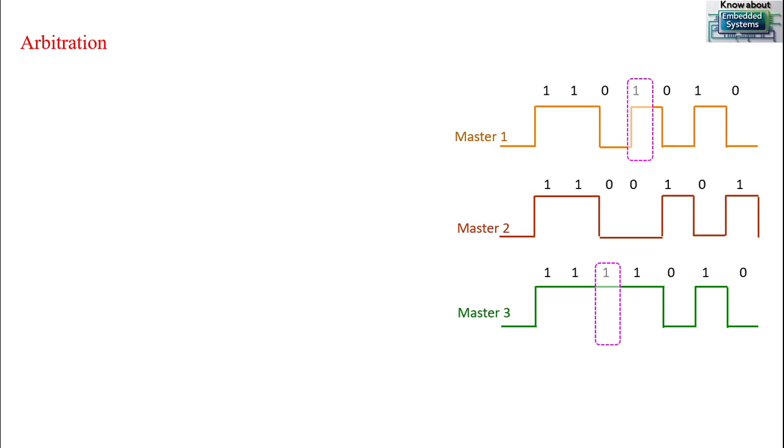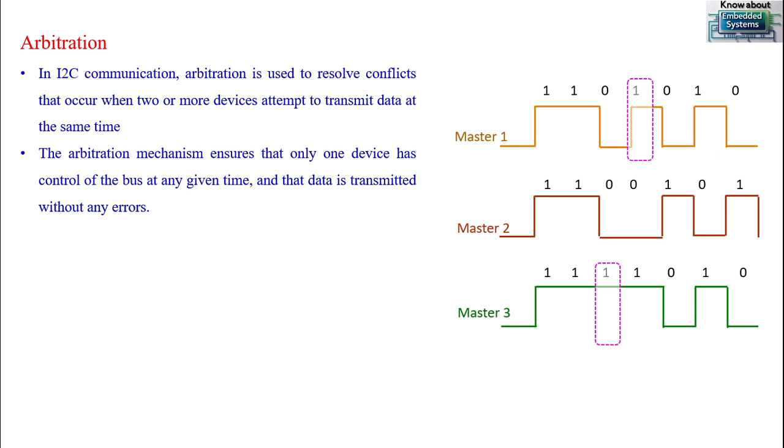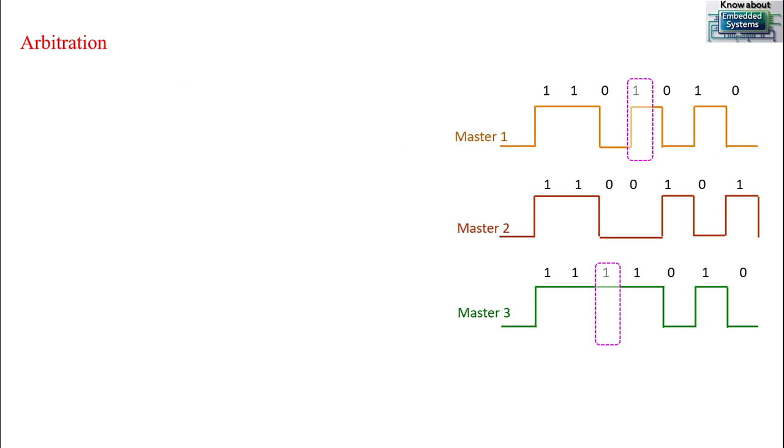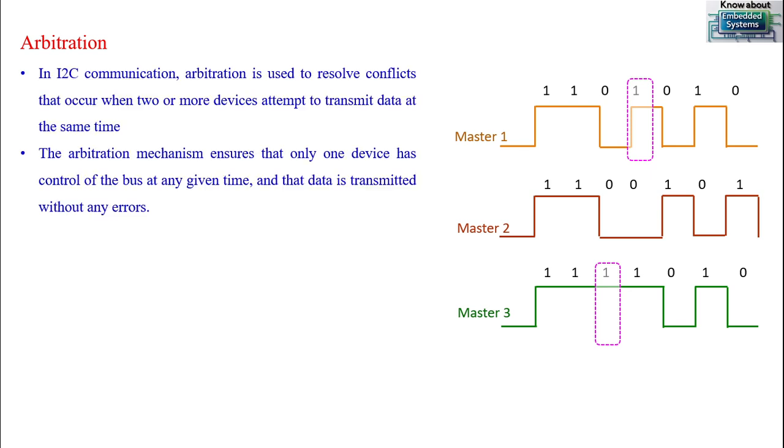In I2C it is possible to have multiple slaves and multiple masters, right? So whenever you are using multiple masters and they are enabling communication at the same time, how will I2C behave? That is the point here. Arbitration means whenever multiple masters are initiating the communication, how I2C will behave at that time.